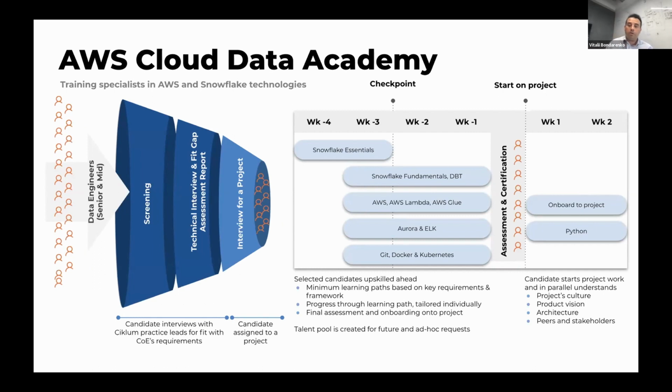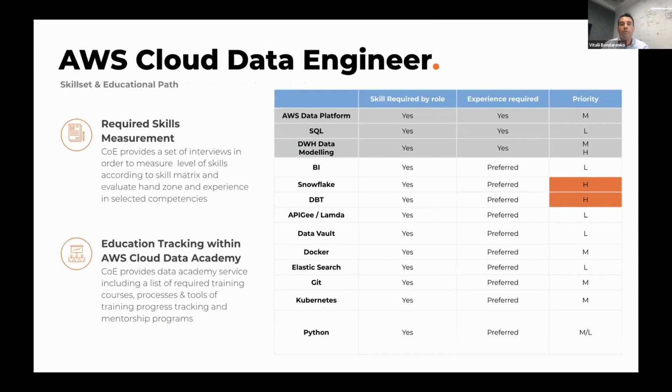The only thing that we check before assigning this academy is a required skill set, which is the AWS data platform, SQL, and the data warehouse data model. It's just because it's impossible to train those skills in 4 weeks, even in 2 months or even 2 years, and that should be experience.